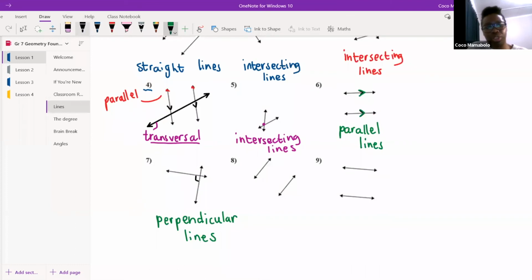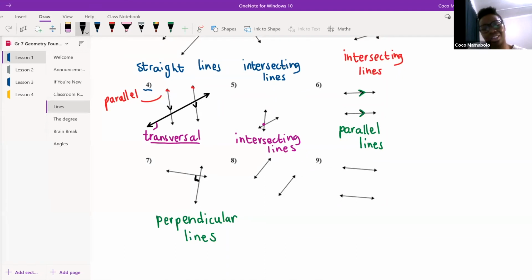Good. And how do we know that it has a right angle? What did I draw? Because it has a 90 degrees angle. How do we represent the 90-degree angle? As a right angle. Yeah, it's a square.